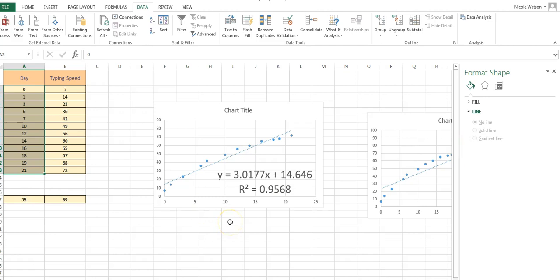Okay, so let's go back and answer number 12 using the model. I want you to be using the model that is for number 6, okay? Okay, so I used my equation, I substituted 19 for x, and I got 72.03 words per minute. Now let's look at the residual on day 19.